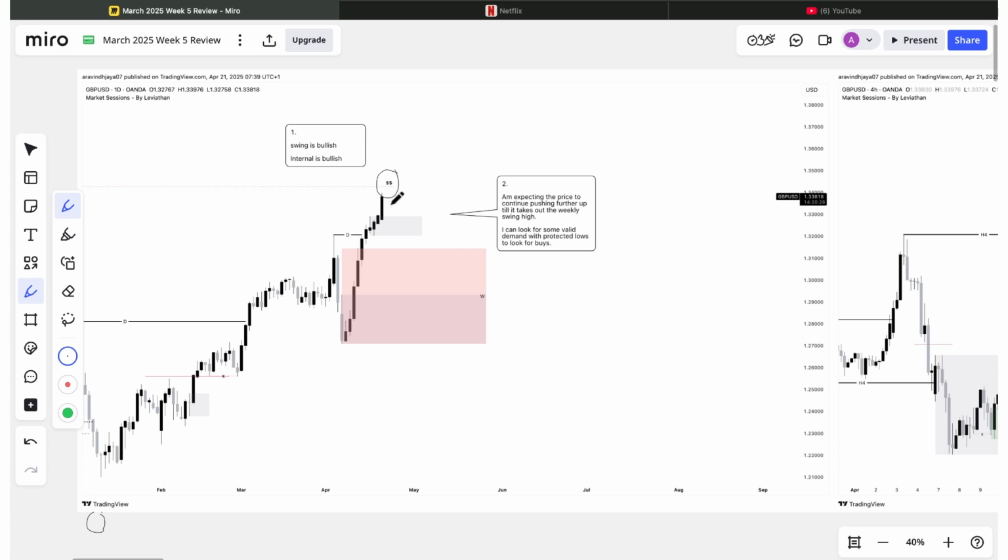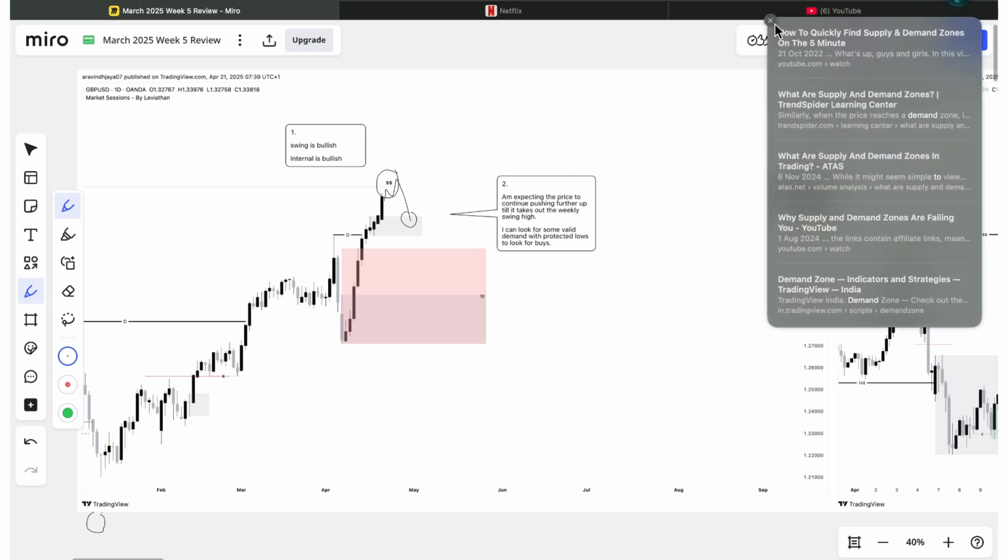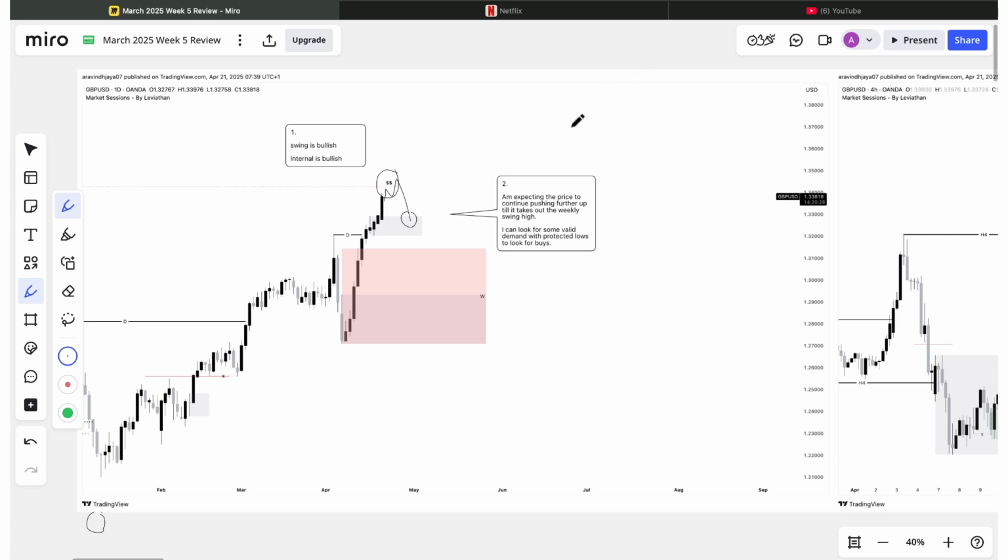So what I can expect is price can push further up, and after taking out that buy side liquidity, it can push down to mitigate this daily demand zone. So this is what I'm expecting. Once the price takes out the buy side liquidity, I can expect a strong push down. But now I'm expecting the price to take out the buy side liquidity, which means that my daily bias is bullish.